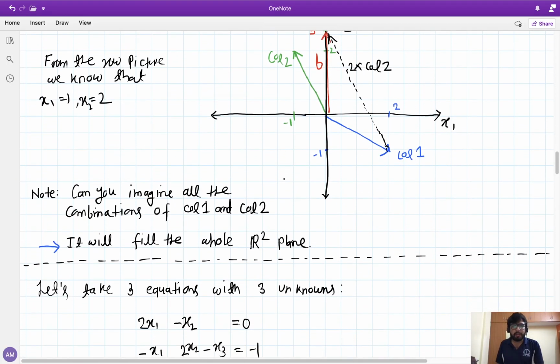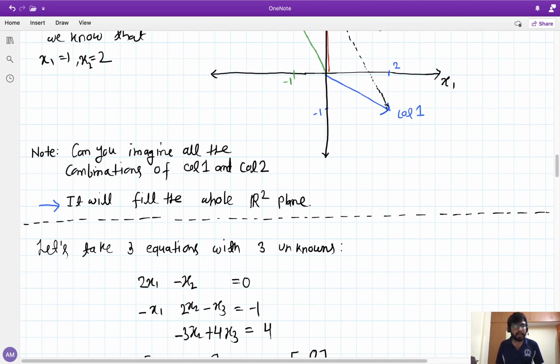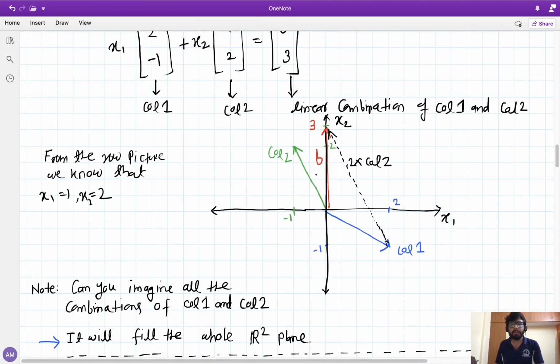So let us ask some questions. Can you imagine all the combinations of column 1 and column 2? Suppose this is column 1, this is column 2. If you took only this combination, that is 1 times column 1 and 2 times column 2, it gave you this vector. If you take thousands of random combinations, what do you think the result will be?